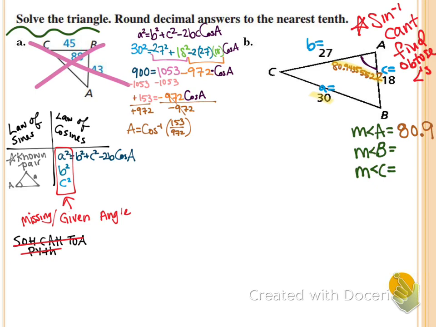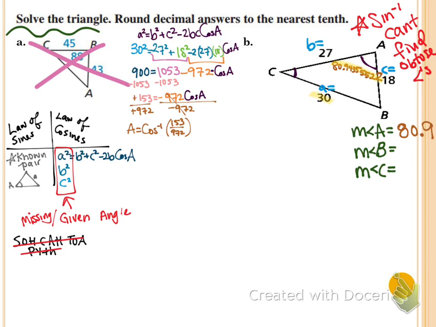So we want to use A. Again, the law of sines can't find an obtuse angle, so I would always just find the smaller angle at this point to ensure that you're not finding an obtuse angle. Now I'm 85% sure this is not an obtuse angle, but if it wasn't drawn accurately or to scale, then we might be solving for the wrong thing. So find the smallest angle, across from the smallest side next, so that when we plug it in, we know for sure we're getting an acute angle.